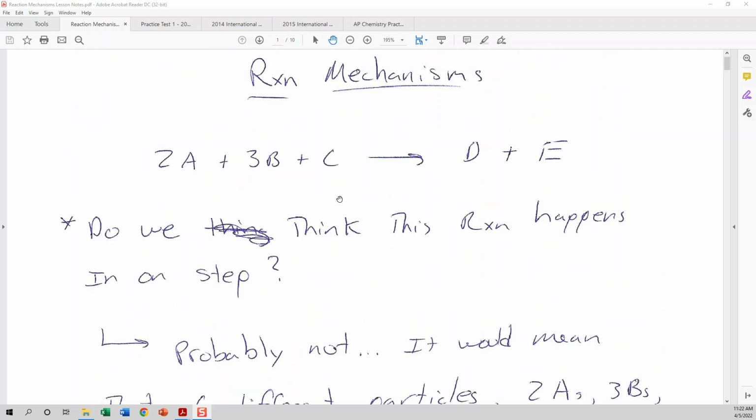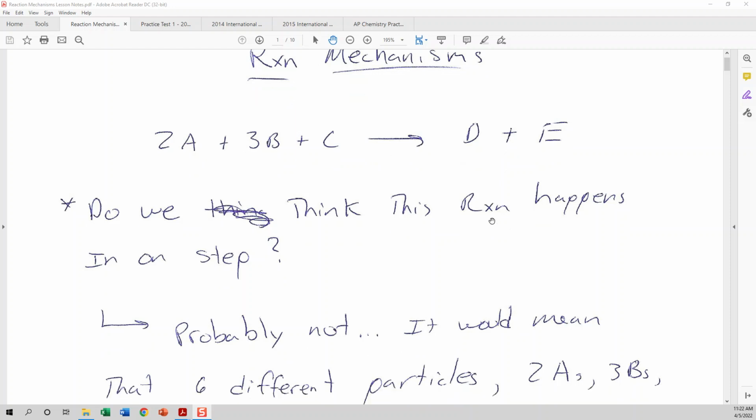So if this reaction were to occur in one step, it would be incredibly slow because you wouldn't get many of those collisions that result in a reaction.